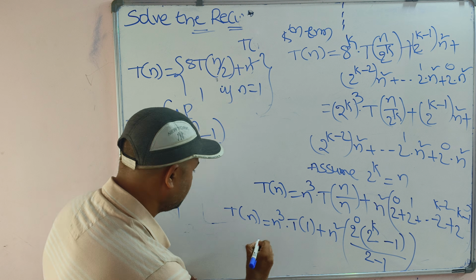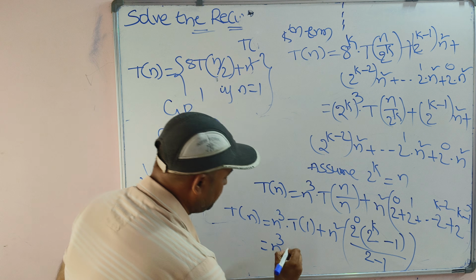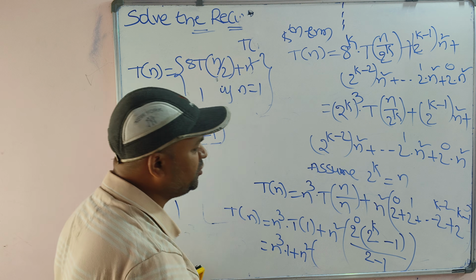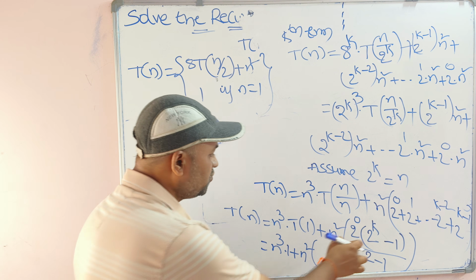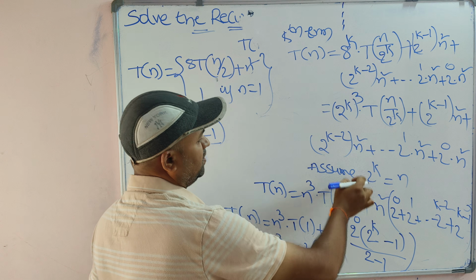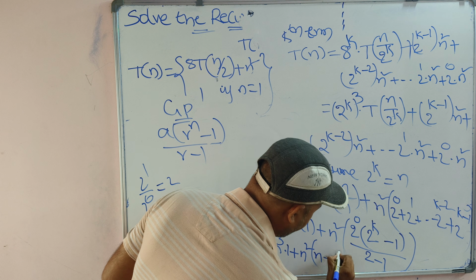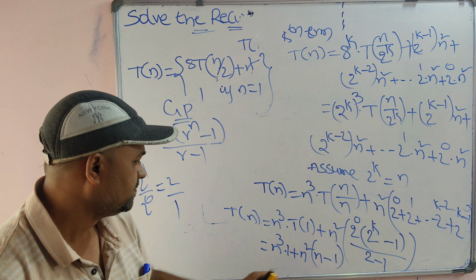So that is equal to n cube into T of 1 means 1 plus n square into 2 power 0 means 1. So 1 into anything is nothing but that anything only. So what is 2 power k? Already we have assumed 2 power k as n. So n minus 1 by 2 minus 1. 2 minus 1 means 1 only.